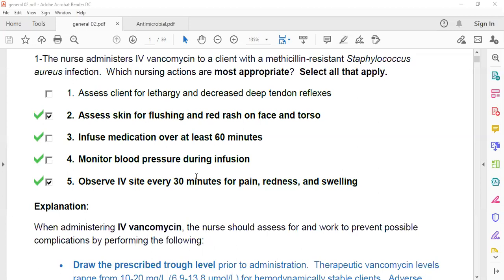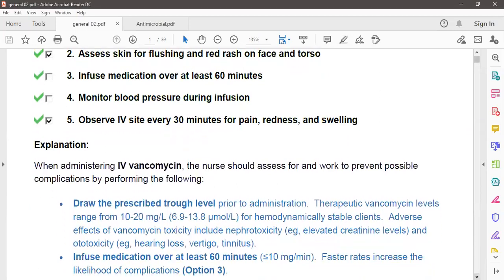What is inflammation? It is a condition characterized by an inflammatory process, right? The inflammatory response means redness, pain, tenderness, and swelling. So just observe and see. What is their explanation?